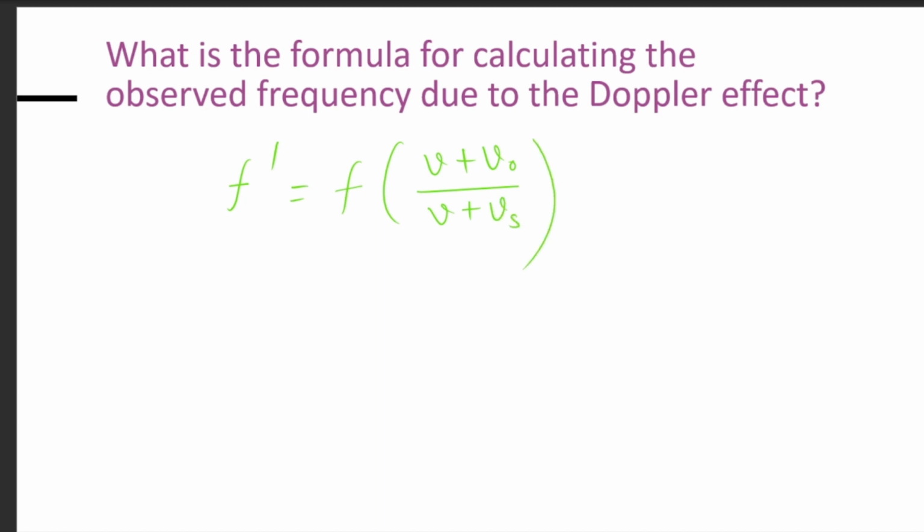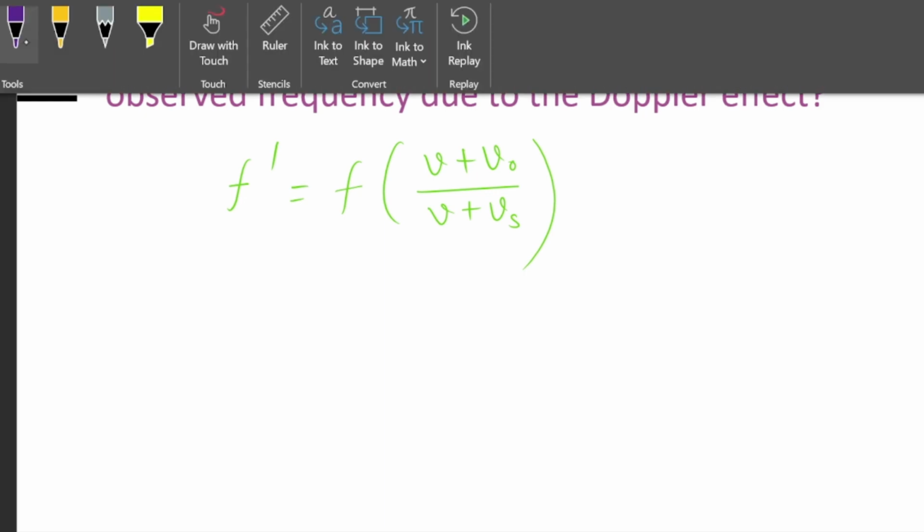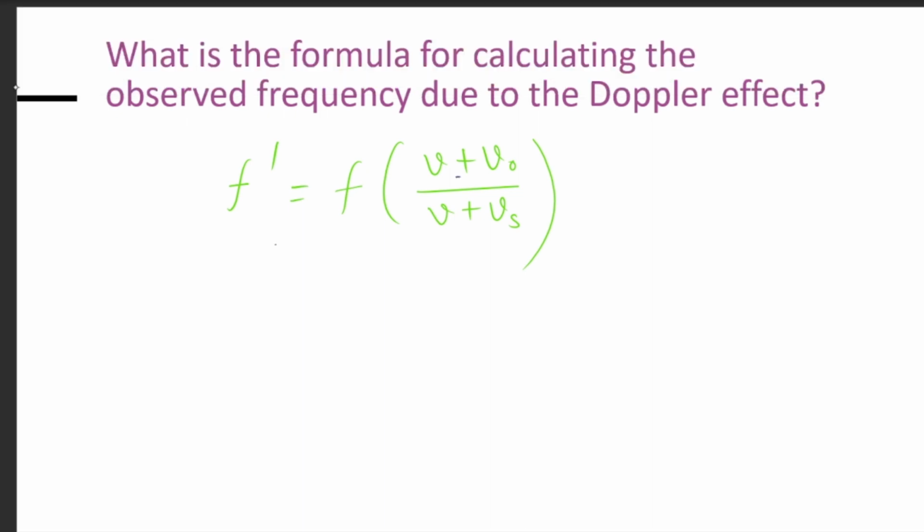Now this formula is very limited because I have written only plus in the numerator as well as in the denominator. So if I have to apply this formula in all four conditions, I have to add one more thing, a negative sign, in both numerator as well as in denominator.